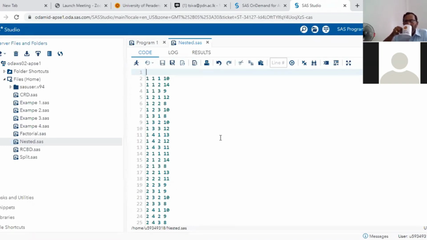In nested and split plot, there's a small difference at the end of testing. What is the difference? Anyone?